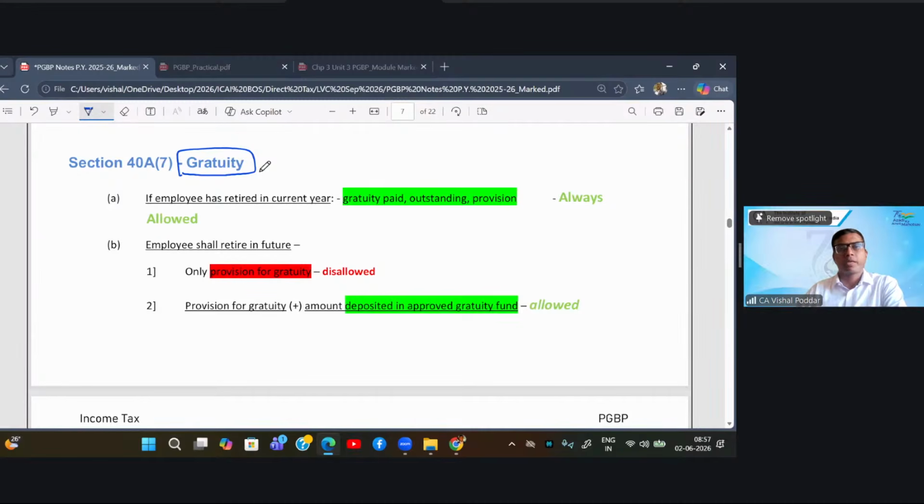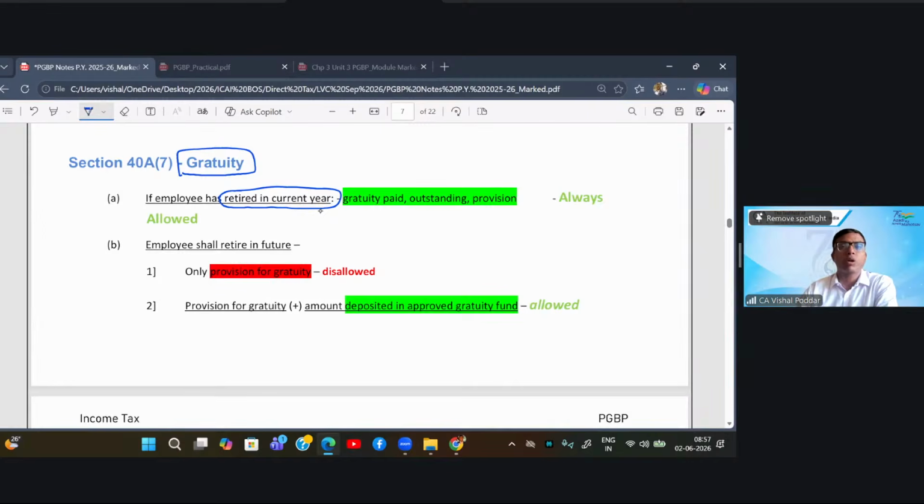Now, in this particular case, whenever you are making payment of gratuity, please understand. First possibility is the employee has retired in the current year itself. So you are debiting your P&L with the gratuity which you have to pay to the employee who is retiring in this year itself.